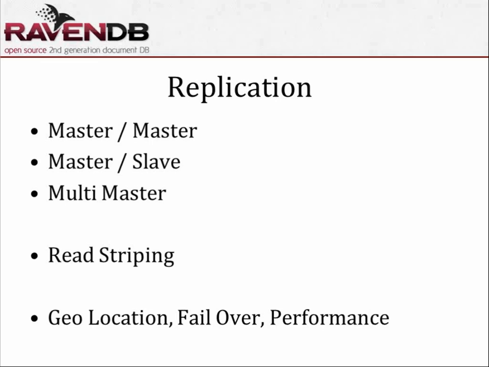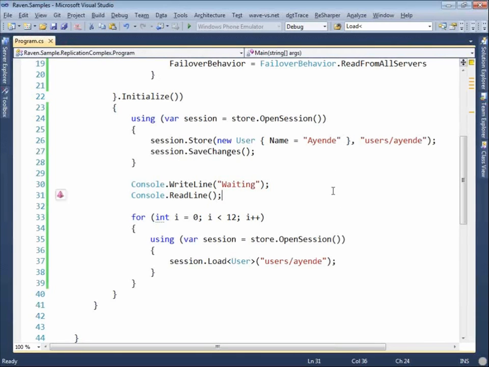When we're doing read striping, it's important to understand only reads are being striped. As you can see from here, this is read from all servers. This is not write to all servers. The reason for that is that we want to avoid scenarios where you may write to one server and then immediately write to another server, and then you may run into conflicts.